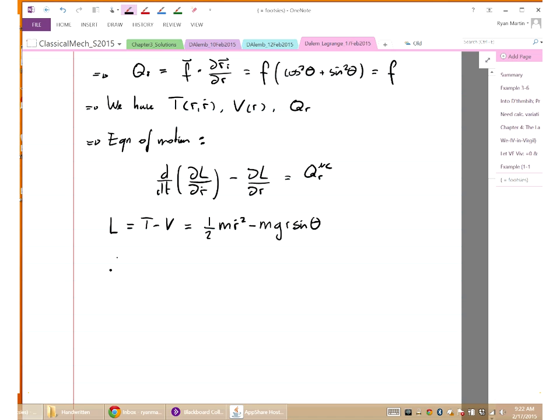So now, to plug it into our equation, we need ∂L/∂R dot. If I do ∂/∂R dot of what I have there, only the first term has an R dot, and so I get m R dot. Alright, and then what I really need is d/dt of that. So d/dt of m R dot, since m is a constant, this is m R double dot.